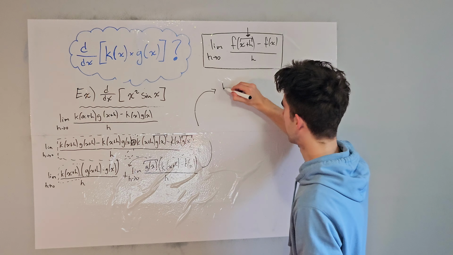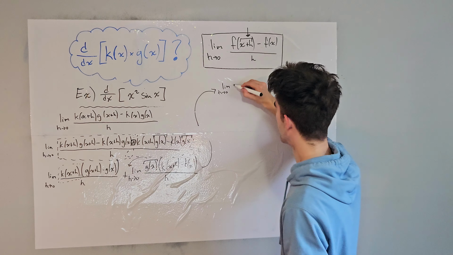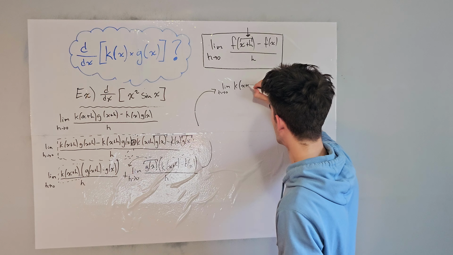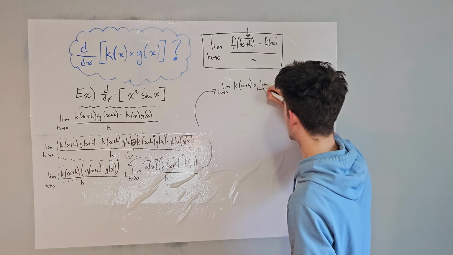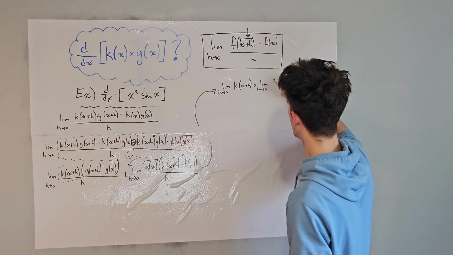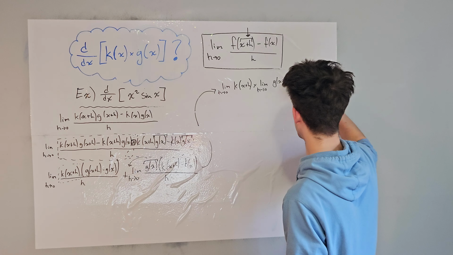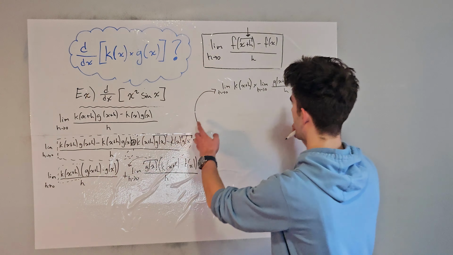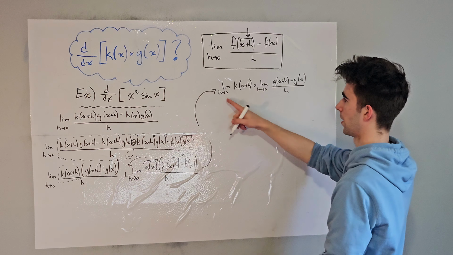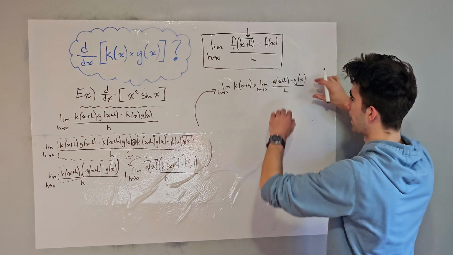So the limit as h approaches 0 of k of x plus h times the limit as h approaches 0 of g of x plus h minus g of x all over h. This is our first part here, and I split up the limit into this term times the rest.